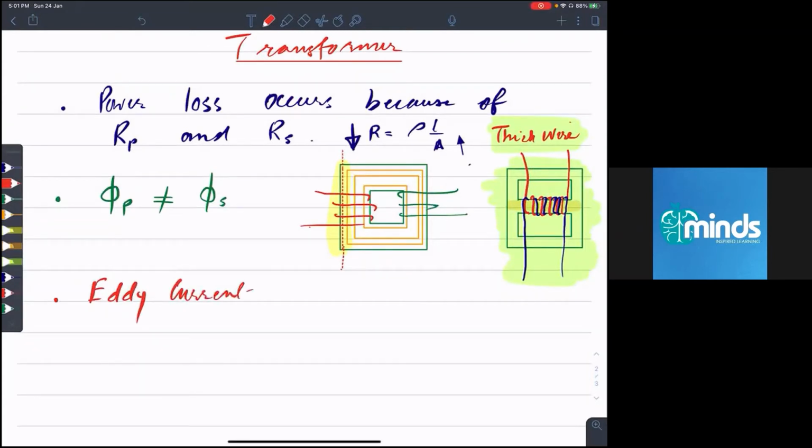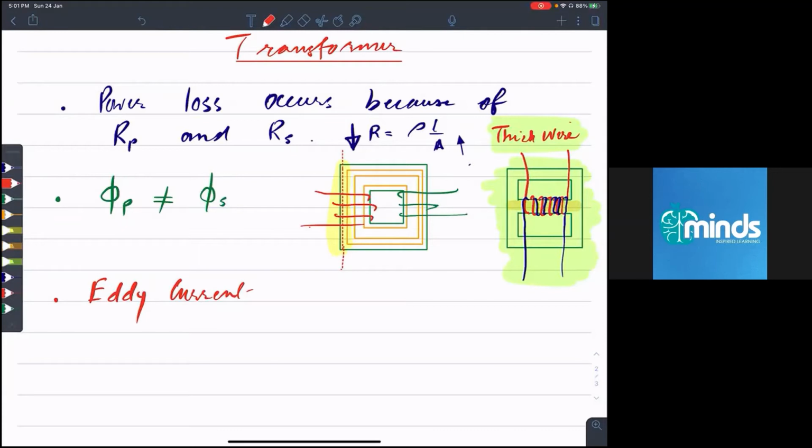When I usually teach this, the majority of students feel that Eddy must be the name of some scientist who discovered this. By the way, does anyone of you know what eddy means?